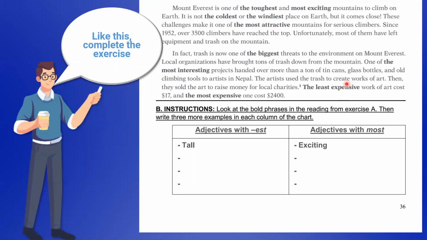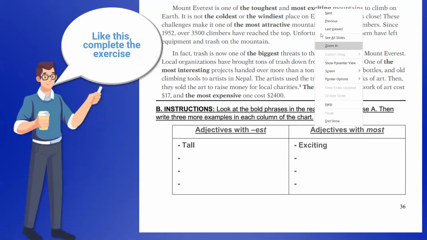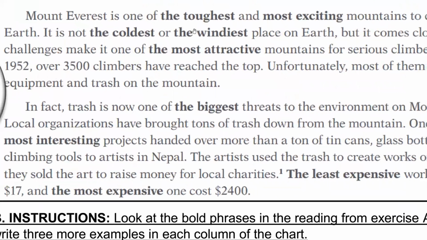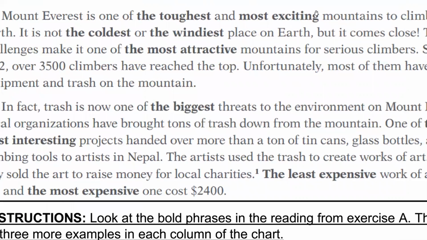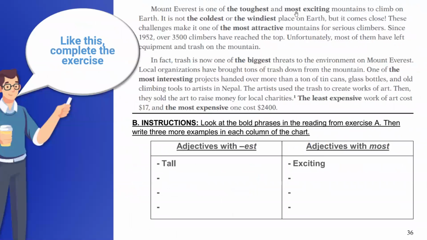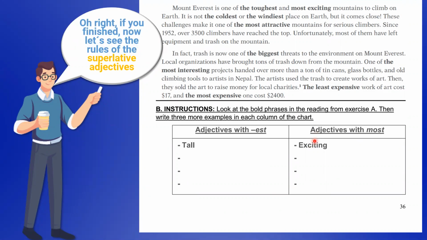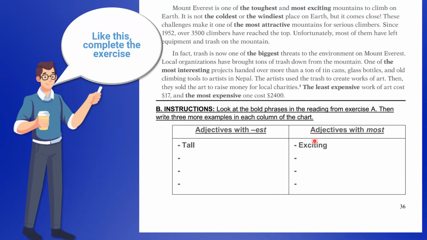And we can see that here it says Mount Everest is one of the toughest and most exciting. So we're gonna write exciting over here. All right, do it and we'll continue in a moment.